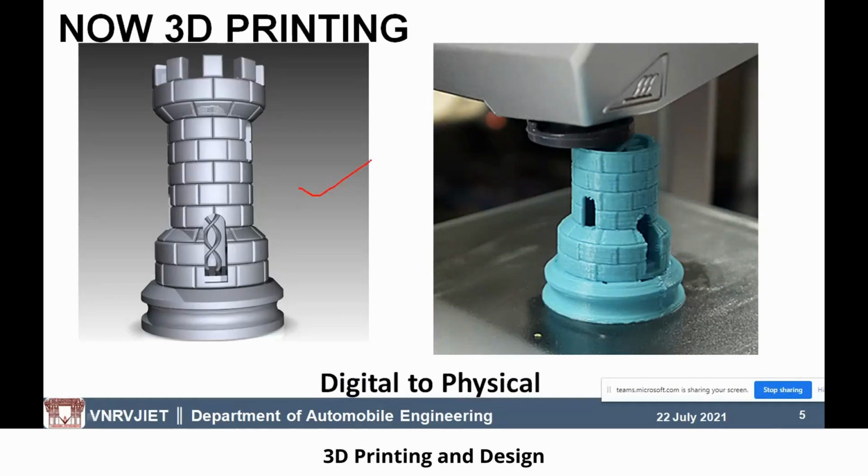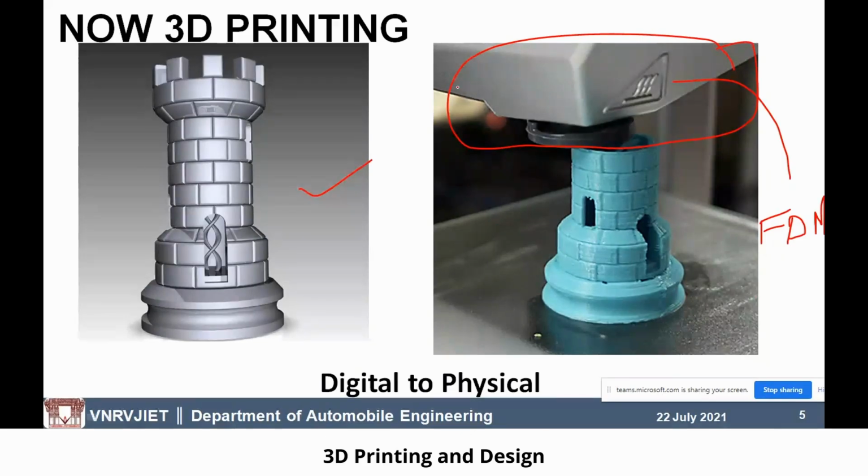This 3D model we can create in CAD software like AutoCAD, Creo, CATIA. There are so many software packages. Using those, we can design a component like this. And the same component can be made using a 3D printer. You can see here, this is a 3D printer, especially what we call FDM, Fused Deposition Modeling.